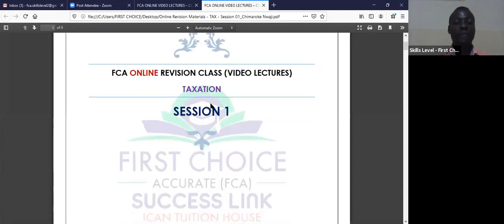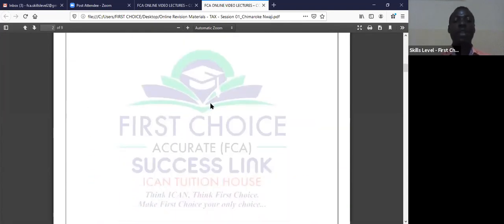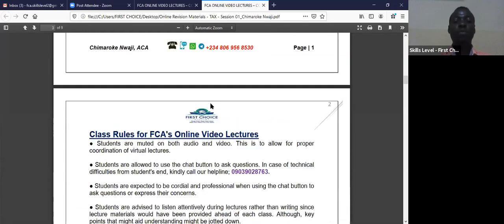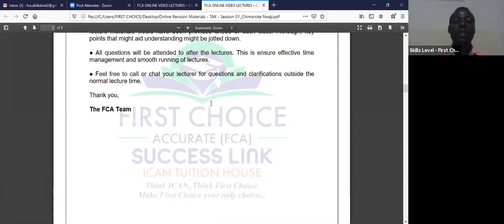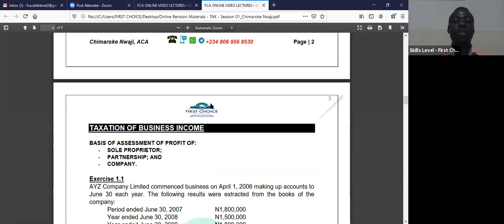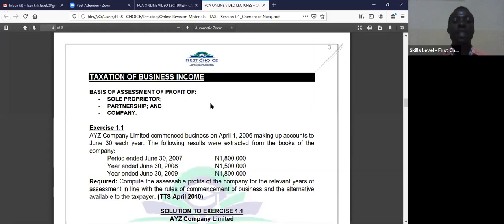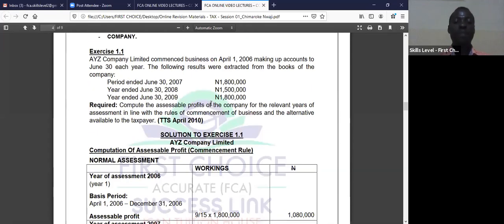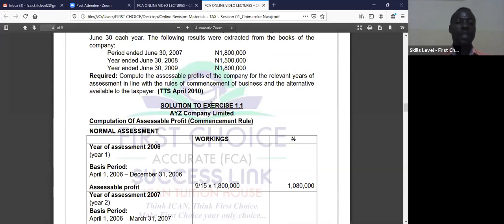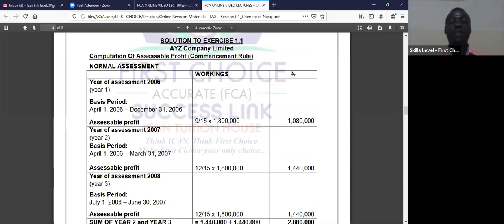for the first year, because the relevant years in a commencement rule are 3 years. So these 3 relevant years are year 1, the year the business started, year 2, and year 3. These are the relevant years of assessment.